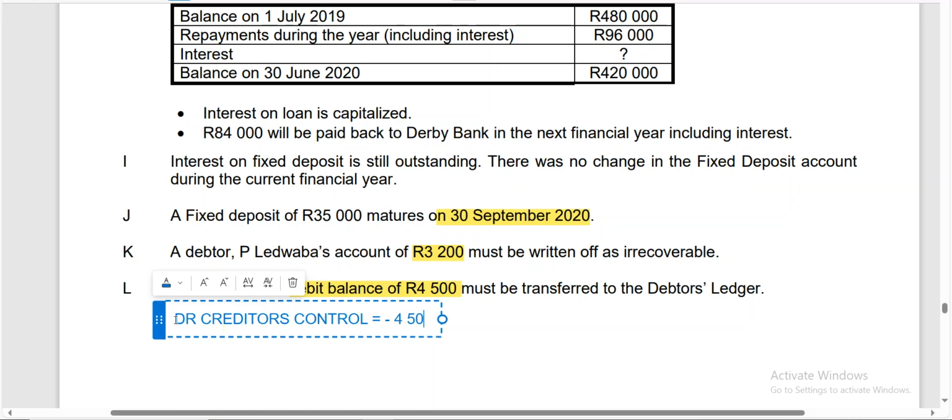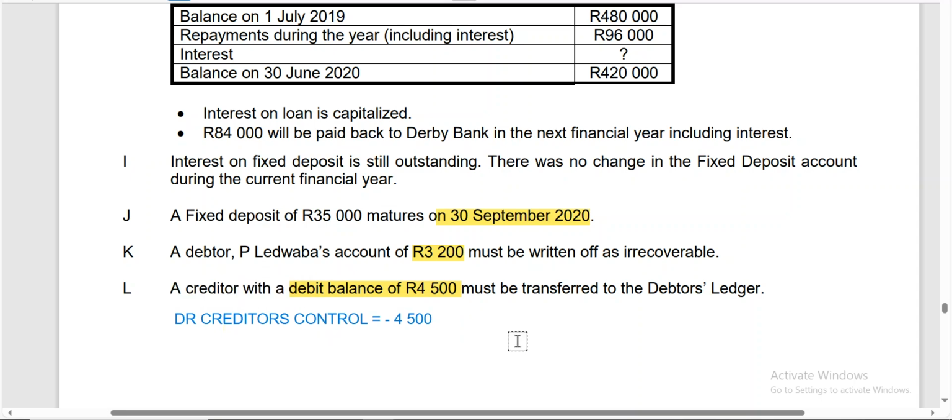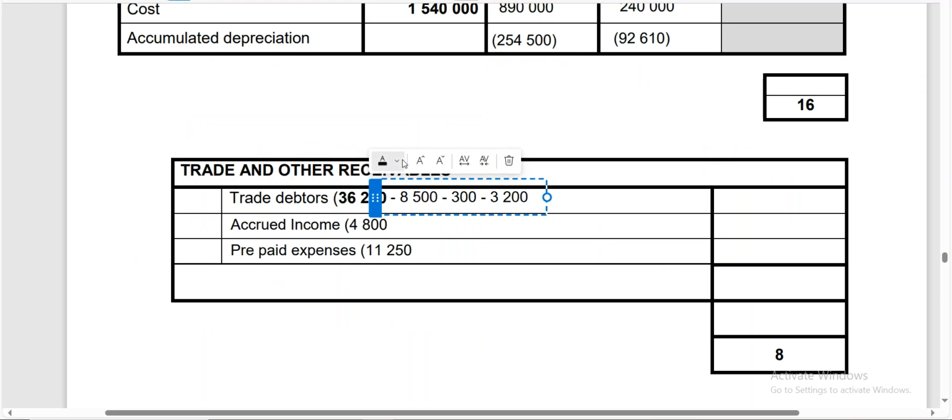This is how the balance of the person is. So now they're saying we need to take this person out of this creditors control. Because it has a debit balance, for us to remove him, it means we must credit creditors control. And creditors control increases on the credit side, so we are going to add. When you go to our trade and other payables, we're going to say plus 4.5.